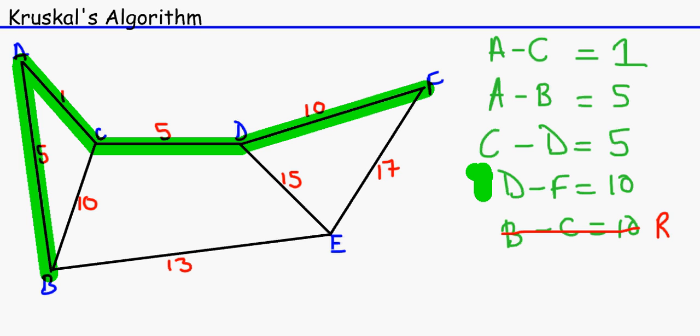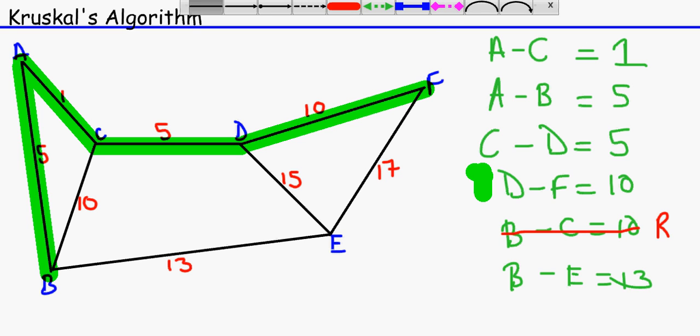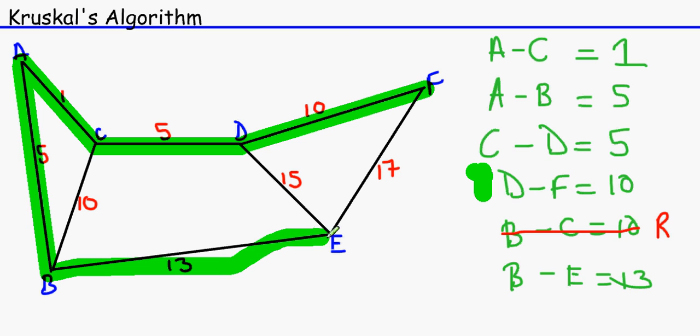So the next one is this one, from B to E. From B to E, and that's 13. So that's 13. We haven't created a cycle. Yep.